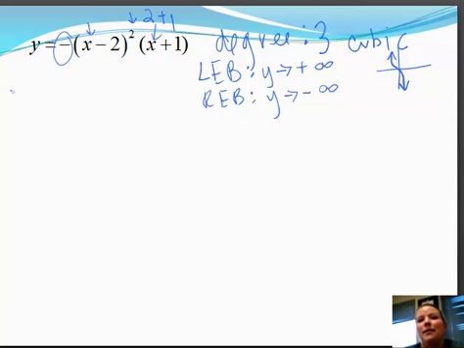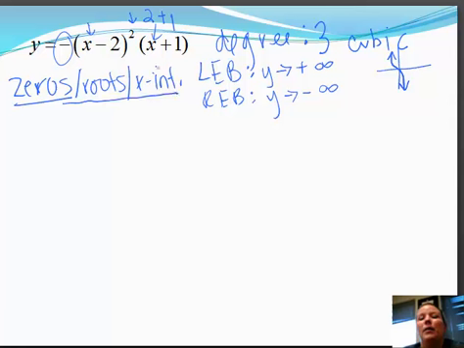Okay, so the next step is to figure out the zeros. Now the zeros are the same thing as the roots, same thing as the x-intercepts. They all mean the same thing. It's when it crosses 0. And we've learned that what we're doing to get that is setting everything here equal to 0. So I could say x minus 2 squared has to equal 0, and x plus 1 has to equal 0.